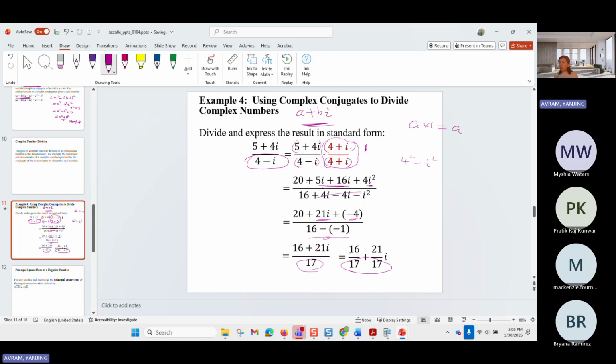So you have 16 plus 21i over 17, right? And then this is called a plus bi form. Your a here is 16 over 17, your b here is 21 over 17, and then you have i in here. All right, so this is called rationalizing the denominator. Sometimes we call it writing into the standard form a plus bi.